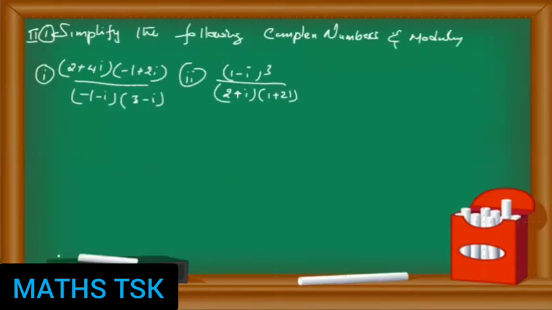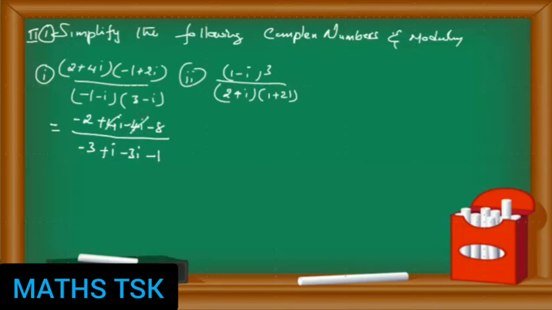Simplify the following complex numbers and find the modulus: (2 plus 4i) into (minus 1 plus 2i) by (minus 1 minus i)(3 minus i). First of all, take this value. Multiply the numerator: minus 2, 2 into 2 is 4i, then minus 4i, and then plus 8i square is minus 8. Denominator: minus 3 plus i, minus 3i, plus i square is minus 1.